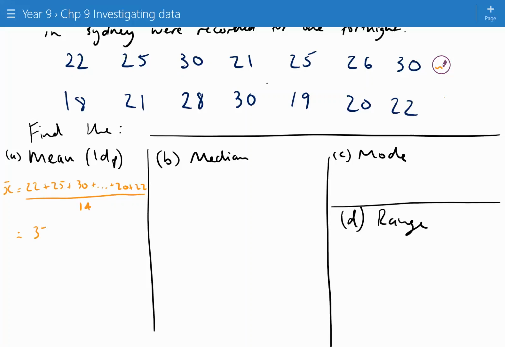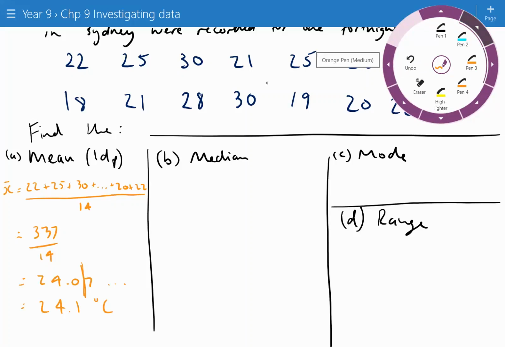That equals 337 divided by 14 to 1 decimal place. This is 24.071 dot dot dot. So 1 decimal place, I draw my line here, don't even have to worry about that 1. We're going to have to round up to 24.1. Okay, this is degrees Celsius. So the mean temperature for that fortnight was 24.1 degrees.